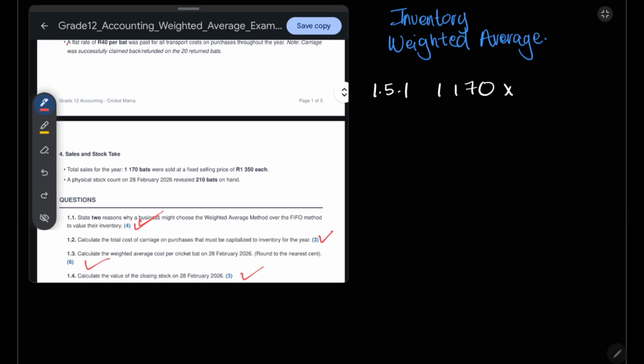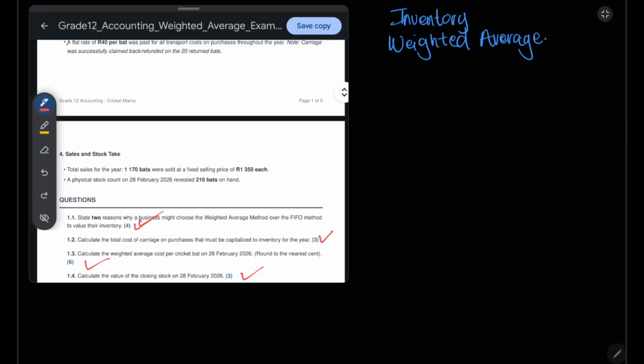So this should be 1,170 times 1,350. When you punch that in a calculator, you should get an answer of 1,579,500. This is the money that you made from selling the cricket bats. Now let's move to the next question.